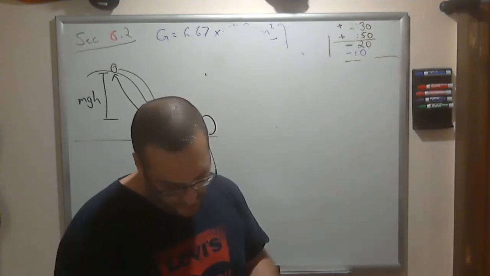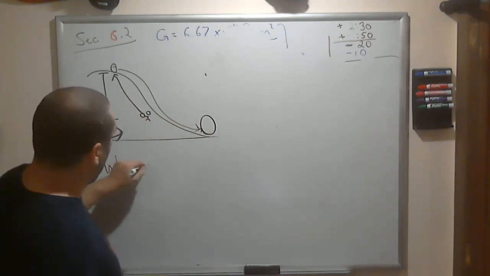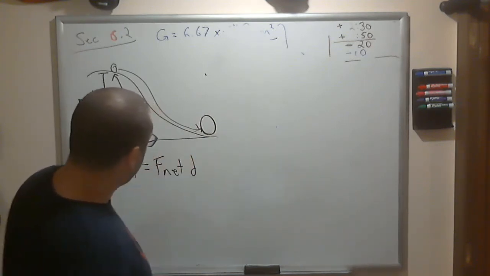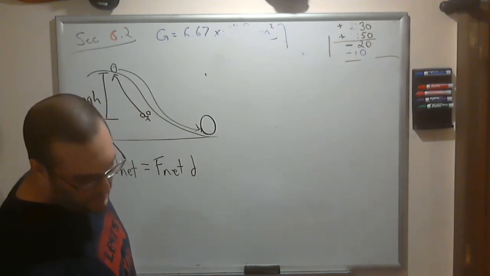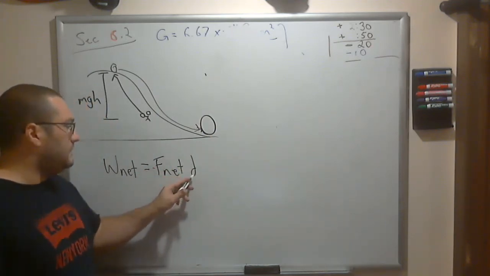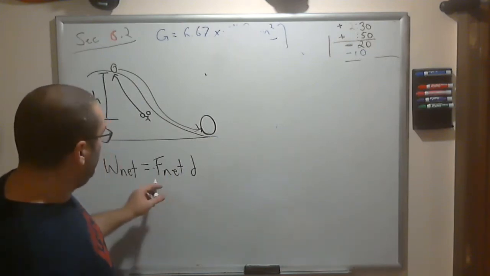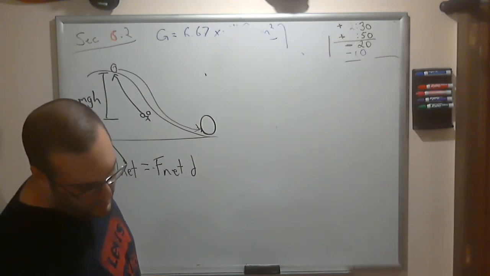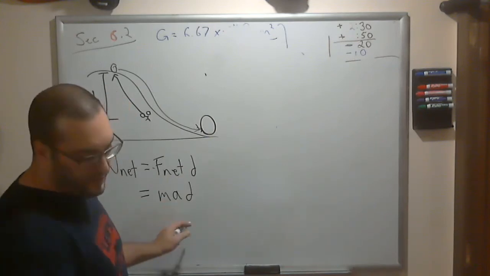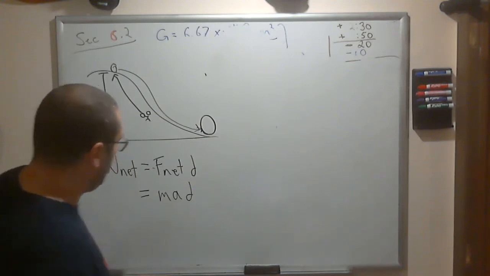Now, let's derive this real quick. If we have a net work and a net force, and generally, let's assume that the force and the work are along the same direction, then let's rewrite this in terms of ma times d. It's mass times acceleration, right?